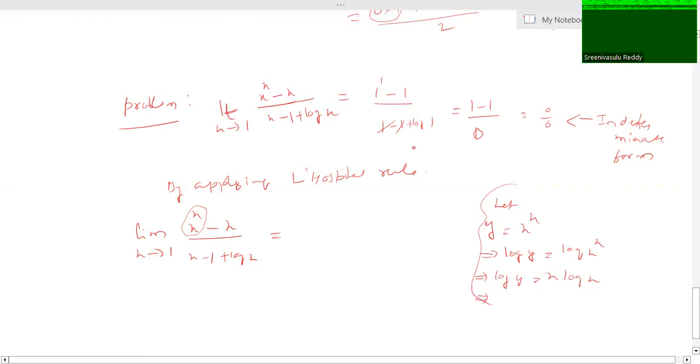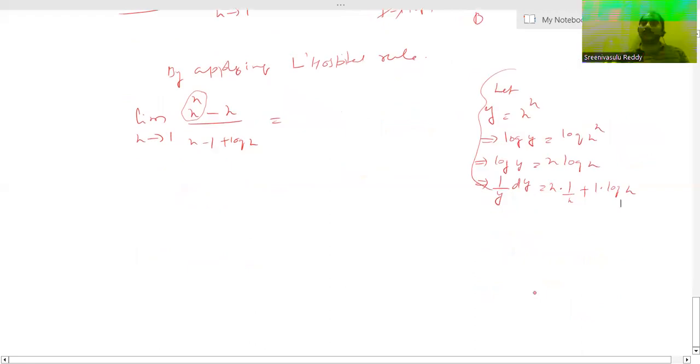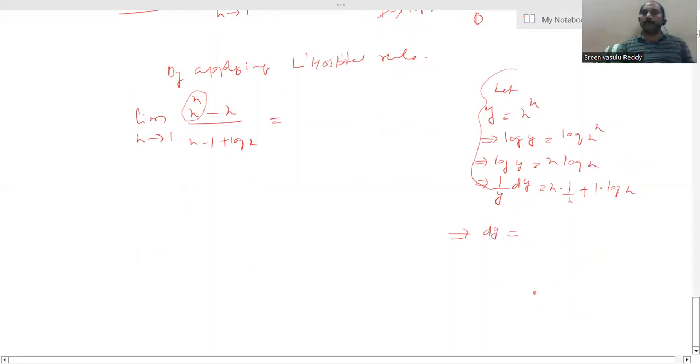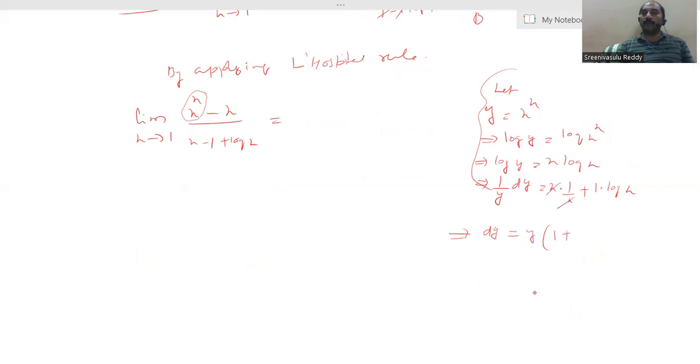Now we apply the derivative on both sides. 1 by y into dy equal to, apply the derivative here. First function into derivative of second function plus derivative of first function into second function. That implies, what about derivative of y? dy equal to y times of, x by x gets cancelled, 1 plus log x.